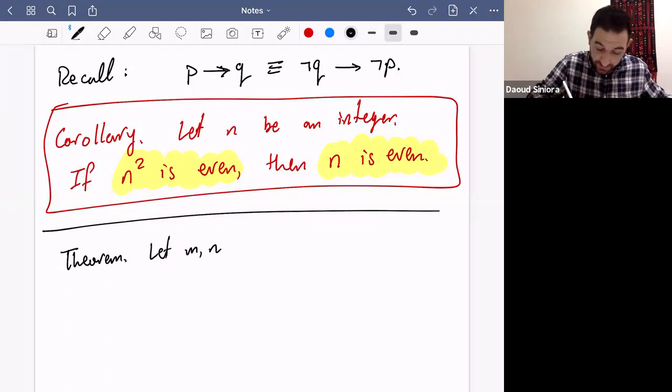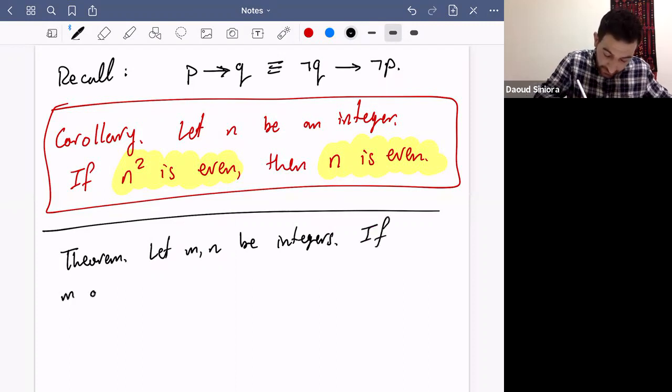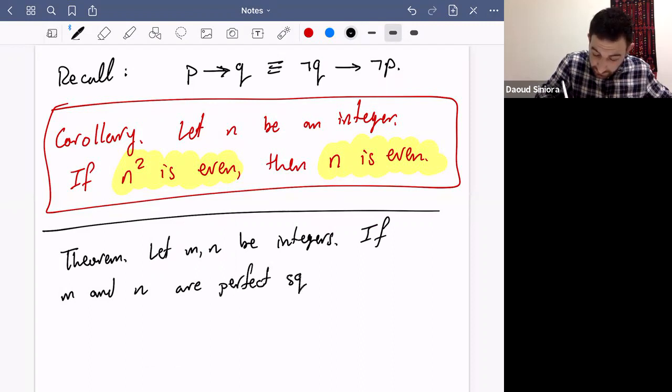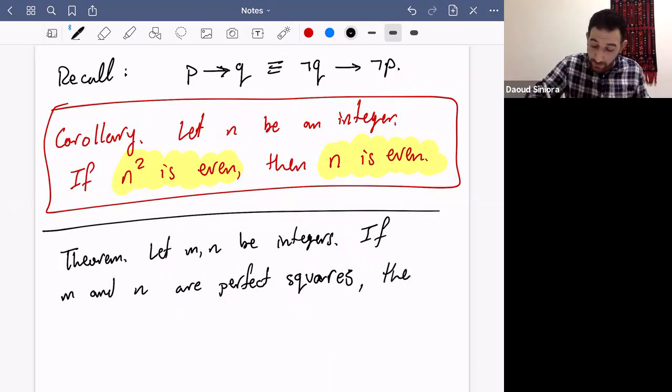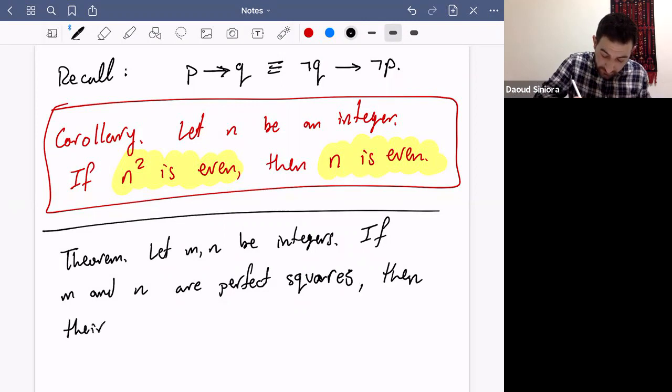For every m, for every n, if m and n are both perfect squares, so choose any arbitrary integers m and n. If you know that they are both perfect squares, then their product m times n is a perfect square.